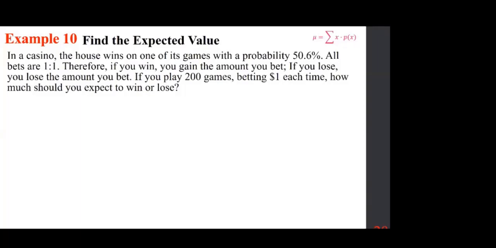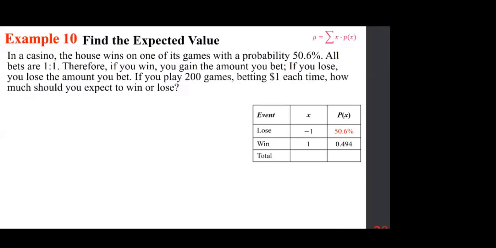That's what we are going to do. So here's the simple setup for the table. X, so the probability of the house wins, understand that means losing for the player. So the house winning, that means 50.6% there's a chance that we lose as players. If we play $1, that means we lose that.